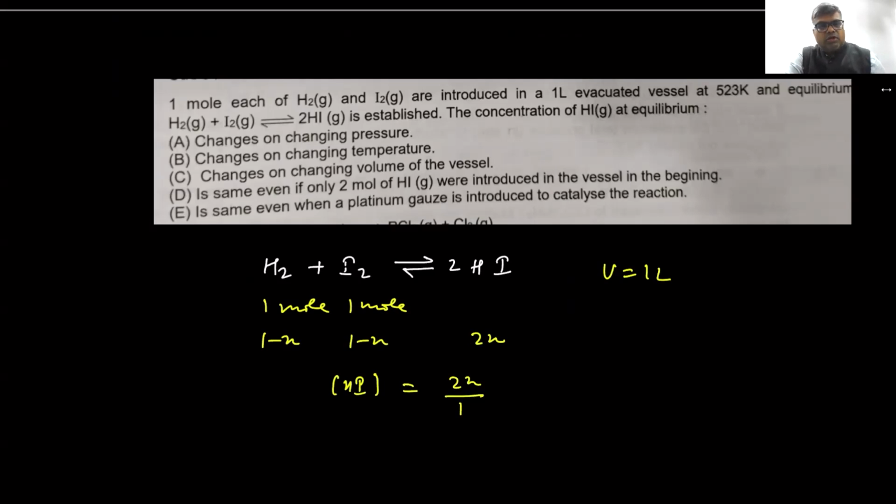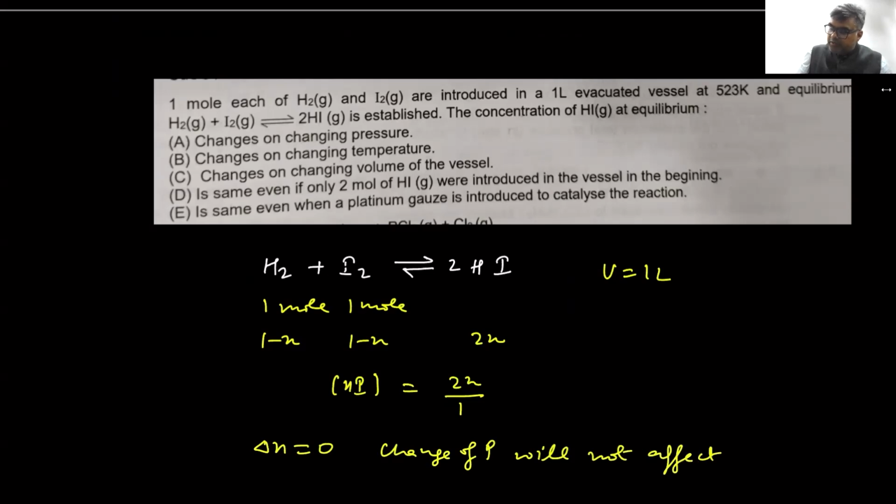So what's given? Change on changing pressure. If you change the pressure, certainly volume of the container will be affected. And we all know that delta n is zero. So change of pressure will not affect equilibrium. Notice it carefully.